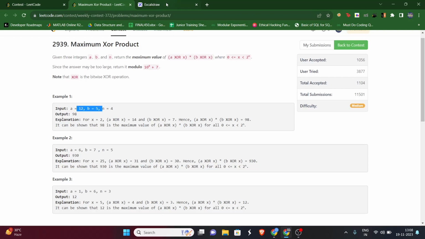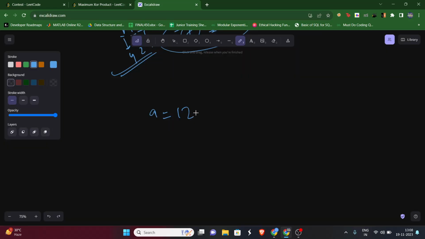If a is 12 in decimal, then in binary it will look like 1100, because this is 1, 2, 4 and 8, so 8 plus 4 is 12. And b is 5, so b can be represented like this in 4-bit format.